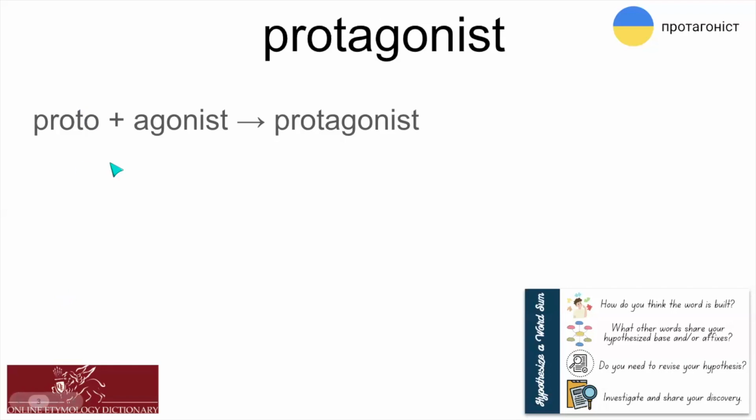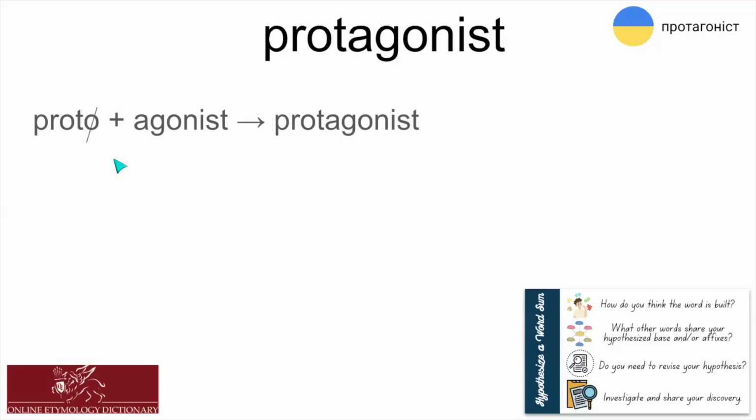And you've probably recognized that the O has been dropped, and so we end up with PROT. So we clip that particular prefix when it bumps up against a vowel letter in the next morpheme or in the base. So that might be a hypothesis that you have already come up with.